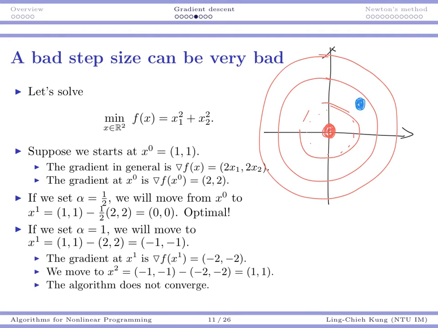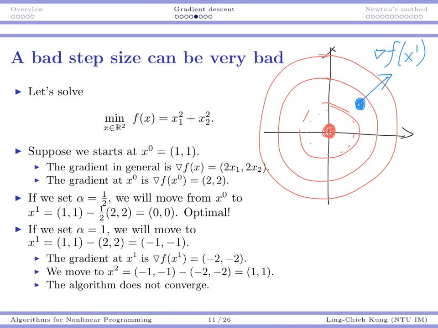Now, my gradient in general can be found because the function is here. So the gradient is nothing but 2x1 and 2x2. Then if I plug in my x0, (1, 1), I'm going to get my gradient as (2, 2). So my gradient is in this direction. This is the gradient at x0. And this tells me that I should move along the opposite direction of the gradient, right?